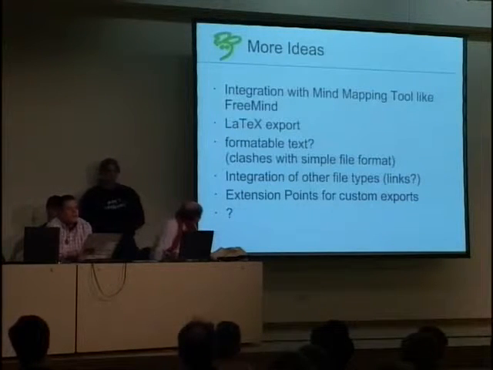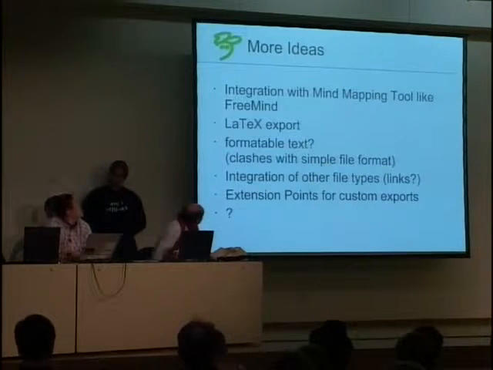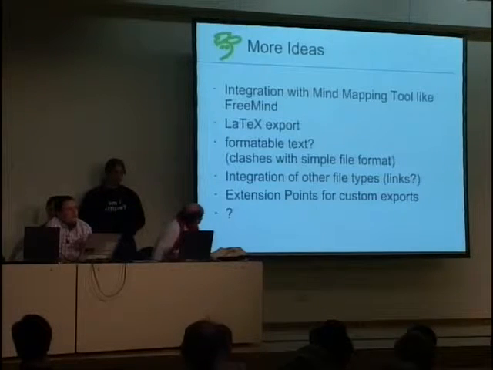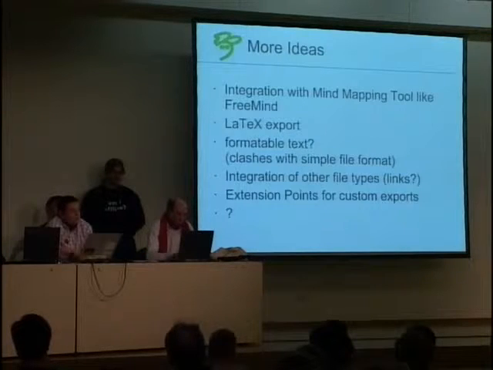I got some more ideas. I started programming, and these are very far away ideas at the moment. I work also with a mind mapping tool, FreeMind. Some of you might know that, also Java open source software. It would be nice to integrate that, to have other means of creating a hierarchical structure, which mind mapping does.